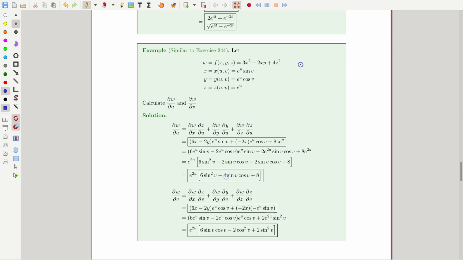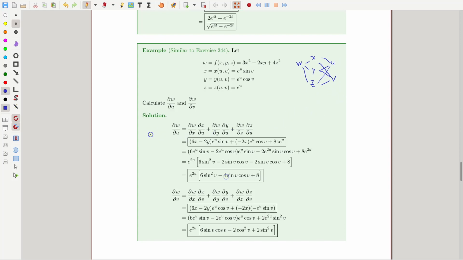So the diagram for this would be w depends on x, y, and z, and x, y, and z depend on u and v, which ends up being kind of messy. We have 6 lines here, right? All 3 of these are connected to those.